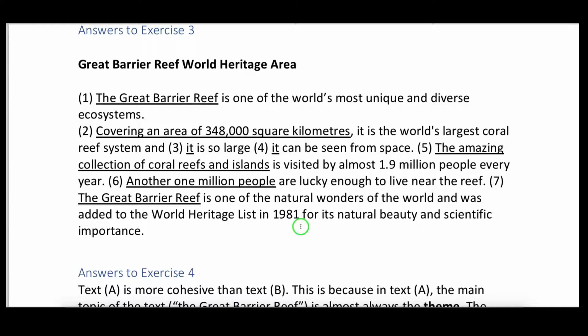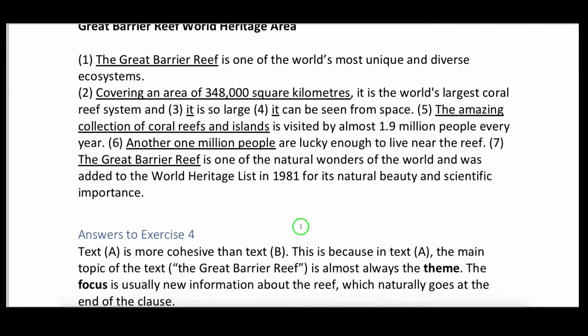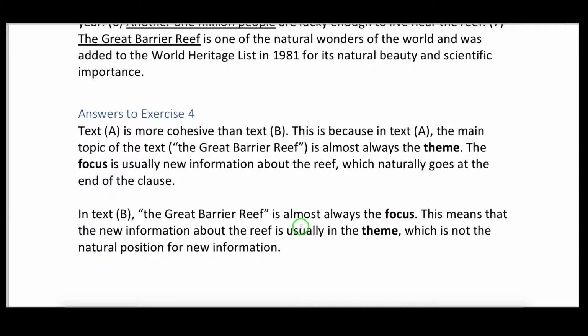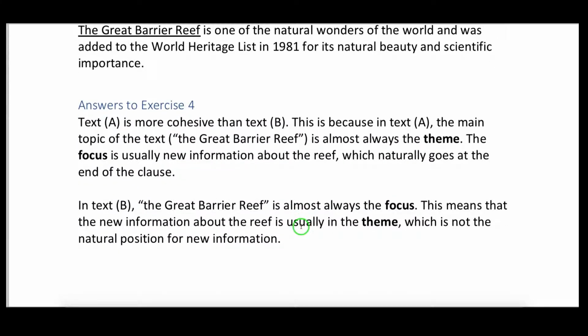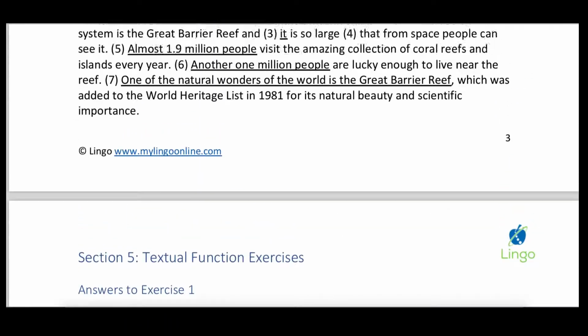If you haven't, please contact me. But let me just say one last thing. If you compared text A with text B above, it becomes pretty clear that text A is the most cohesive text. But why is that? Let's just take a quick look to refresh our memories.